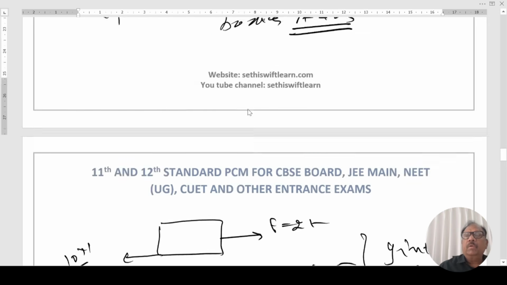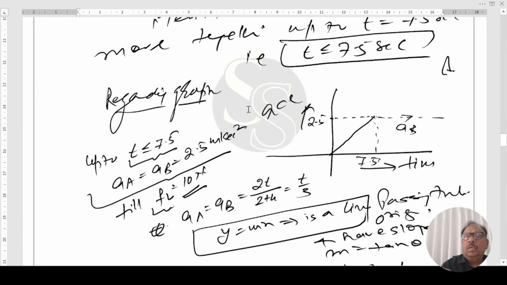So the graph will be like this, 45 degree. If we extend it behind, it will cut at minus 5. This is theta, tan theta equal to 1 by 3.